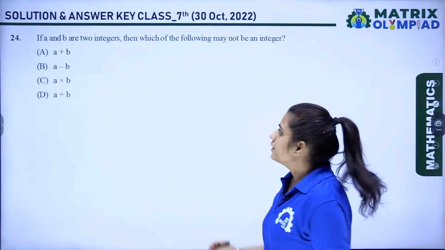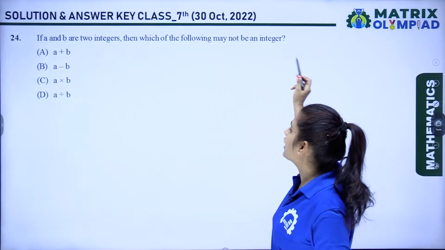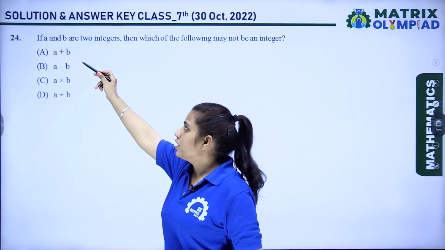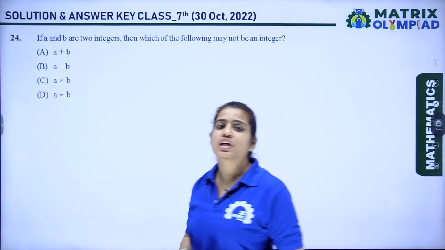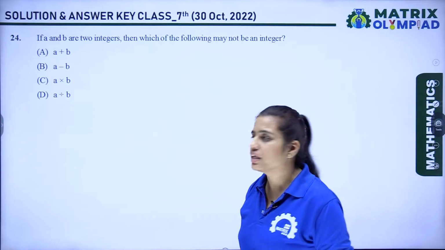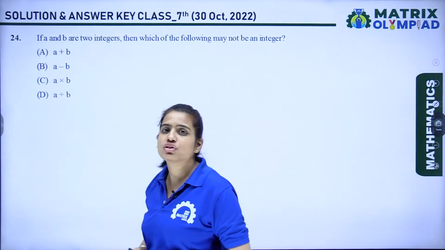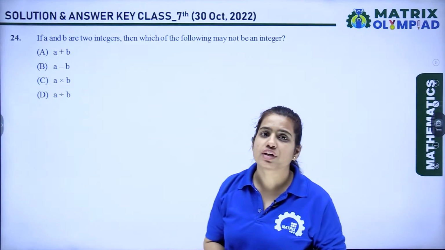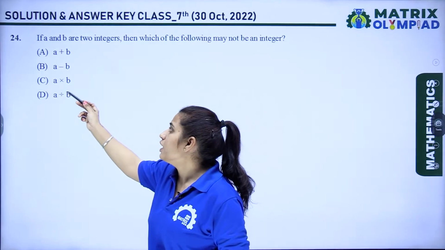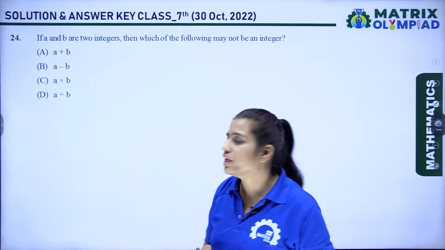Now the next question is, if A and B are two integers, then which of the following may not be an integer? In option A plus B, if we put integer values, we will get an integer. Same with A minus B, which will also give an integer. In option C, A multiplied by B will also give us an integer.